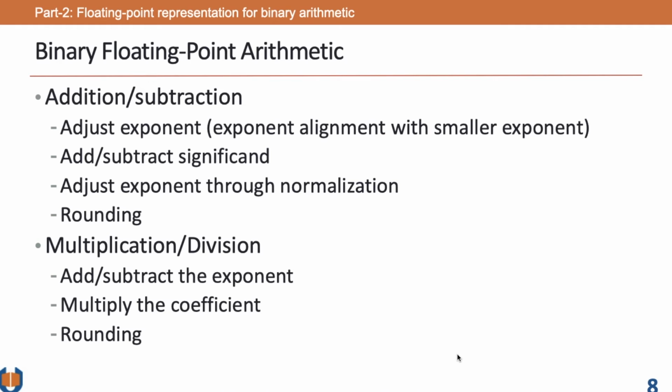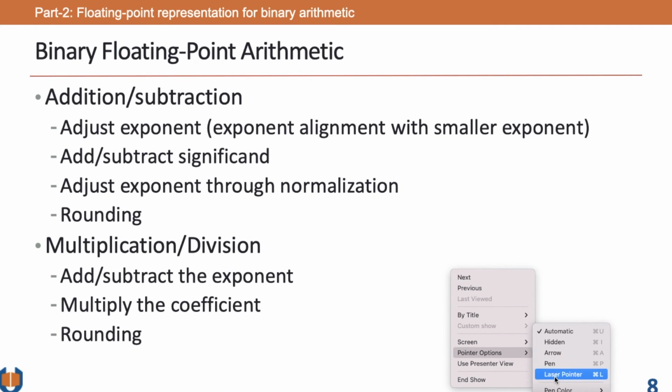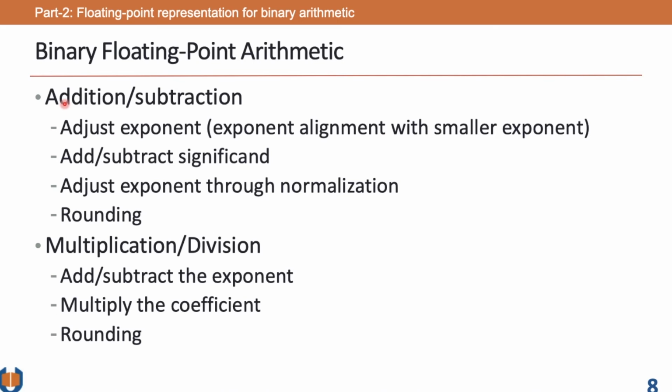Now we will study the basic operations on those numbers: addition, subtraction, multiplication, and division. Let's take the pointer again. As we know, a floating point number has sign, exponent, and coefficient.